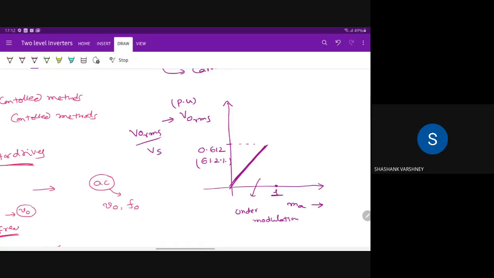Okay, so this is with sine PWM. If you keep on increasing this MA, it will go to the nonlinear region, right? At some point of time, its value is saturated.